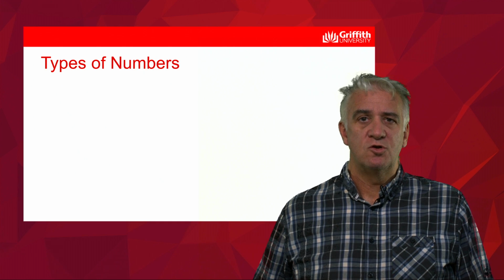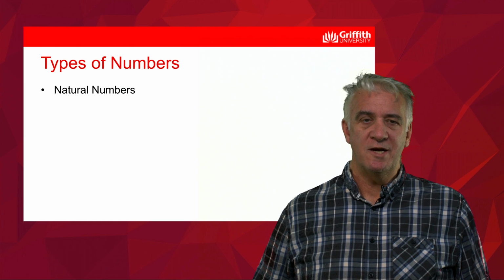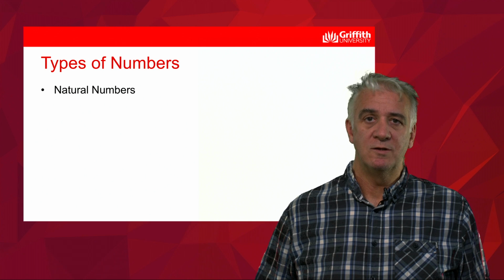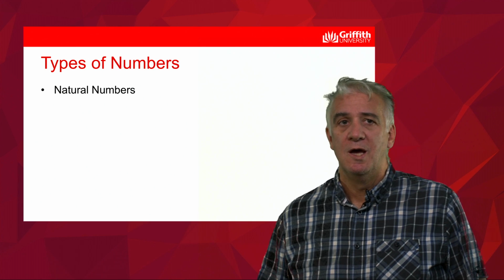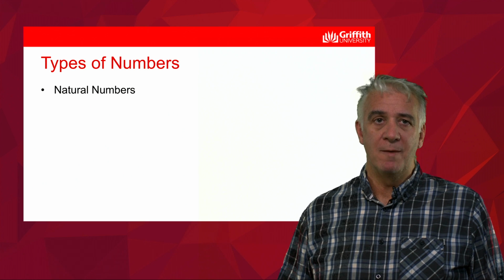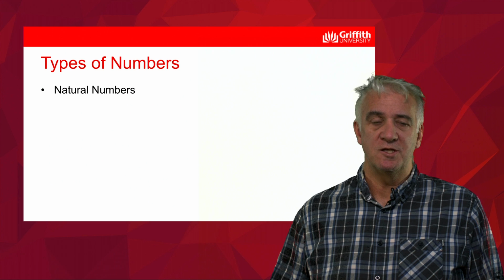So this shouldn't be new to you, but there's different types of numbers. Of course, there's the natural numbers, which are 1, 2, 3, 4, 5, etc. And they're called natural numbers because, in a sense, these are the only numbers that you can actually find in nature.